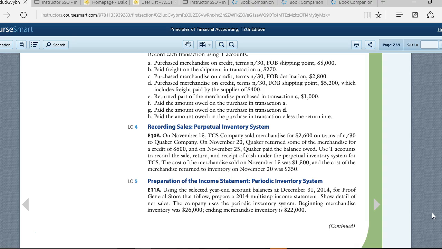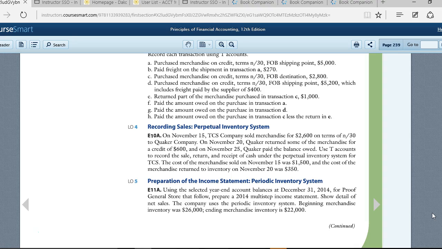On November 15th, TCS Company sold merchandise for $2,600 on terms of net 30 to Quaker Company. On November 20th, Quaker returned some of the merchandise for a credit of $600. And on November 25th, Quaker paid the balance owed.